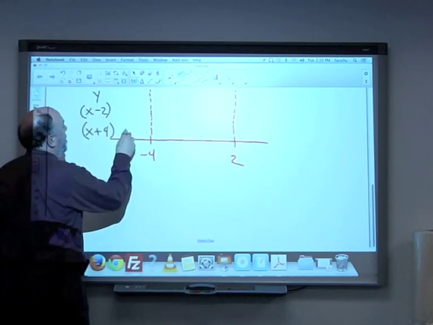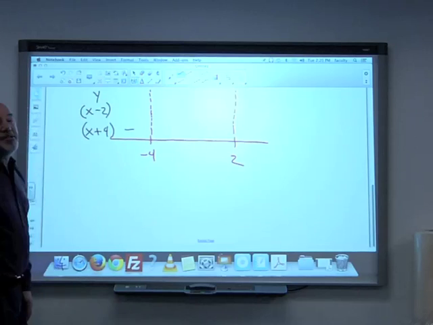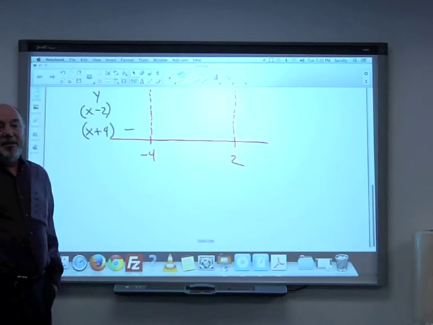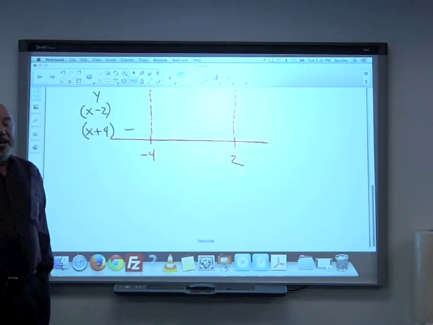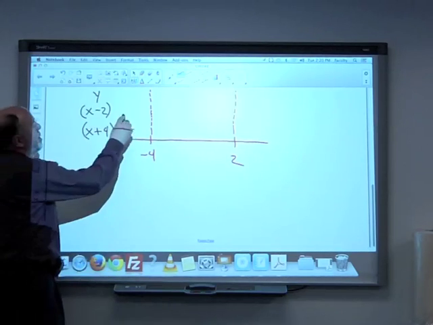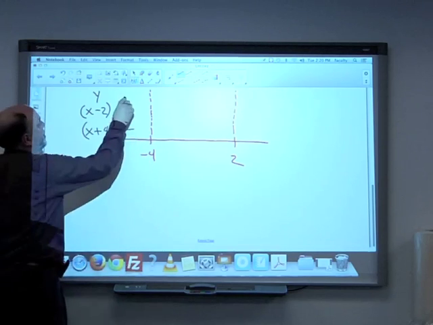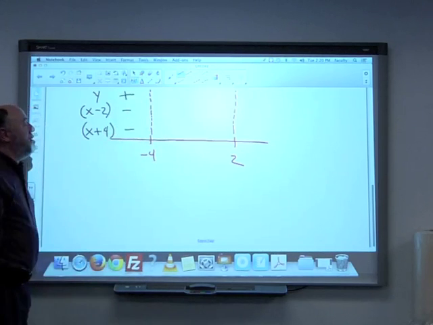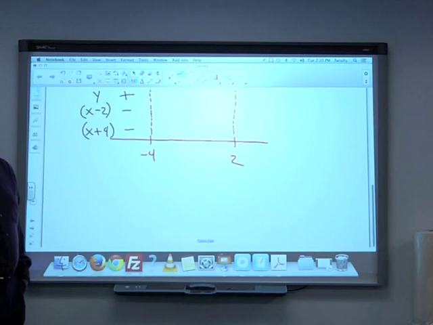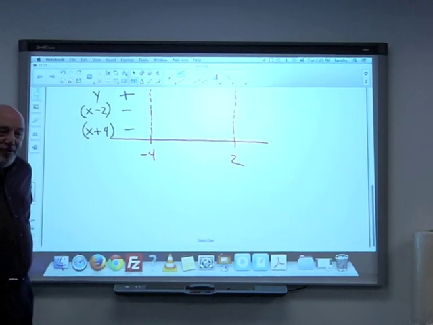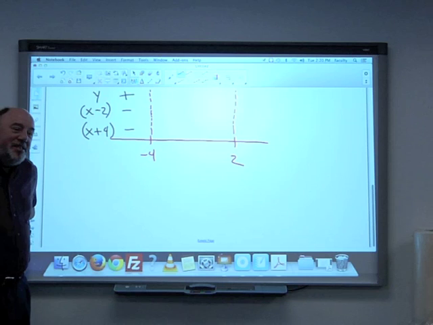X minus 2, positive or negative? Will be negative, right? What's a negative times a negative? Positive.